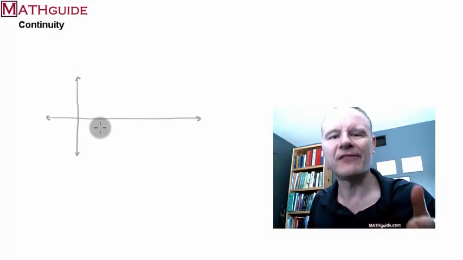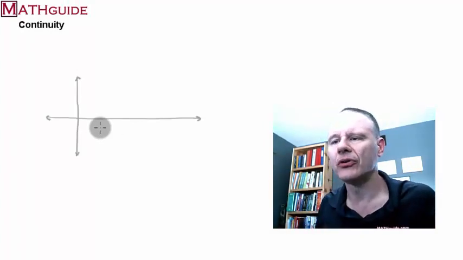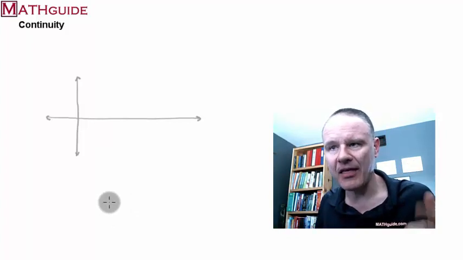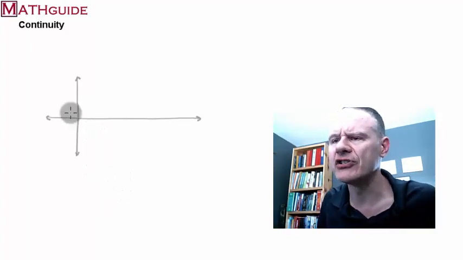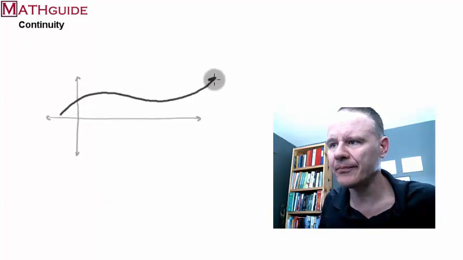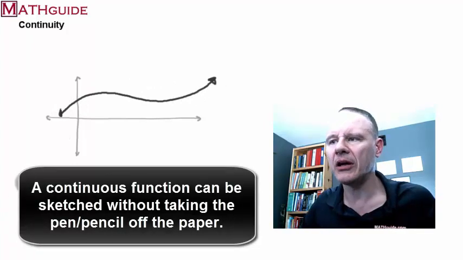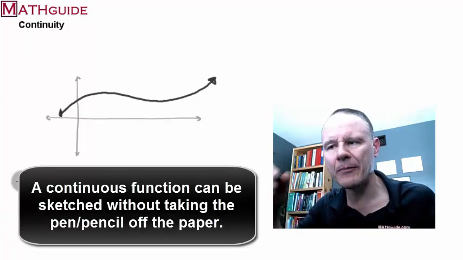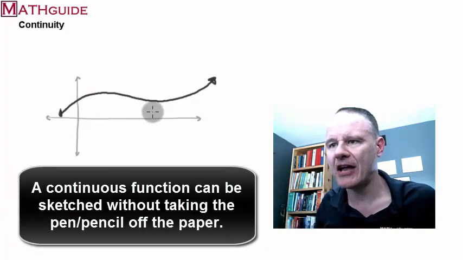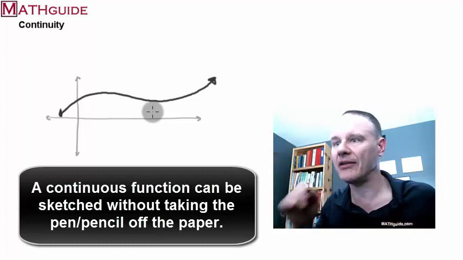So far you've only seen functions that are not continuous, so it's only fair to you to be able to see some that are continuous functions. For instance, a polynomial can be graphed with one sweep of your pen or pencil, and you don't have to lift your pen off the paper to put it back down again and draw the remainder.